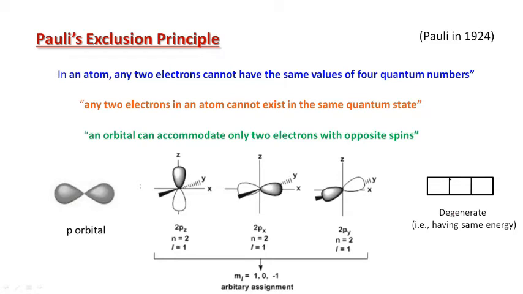These 3 orbitals are represented by this box with 3 sections. Each orbital can accommodate only 2 electrons with opposite spin. So the p orbital can accommodate a maximum of 6 electrons, and each orbital, that is px or py or pz, can accommodate a maximum of 2 electrons with opposite spins.